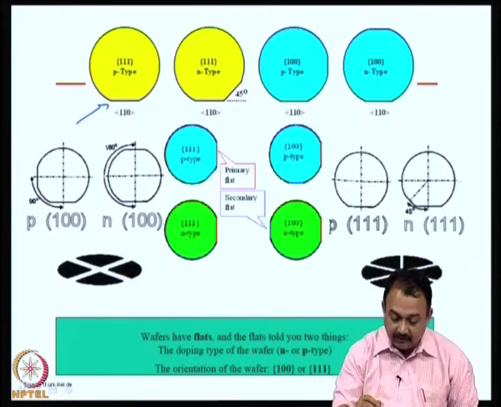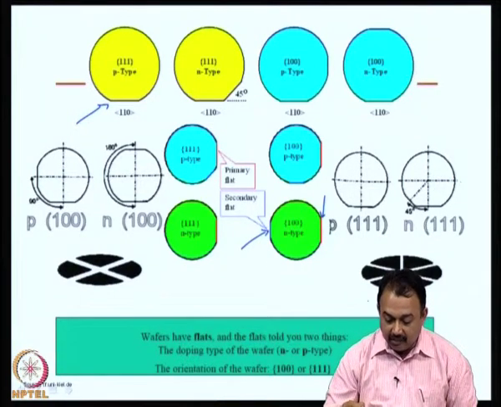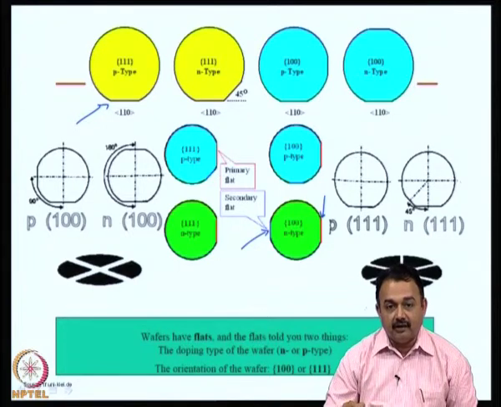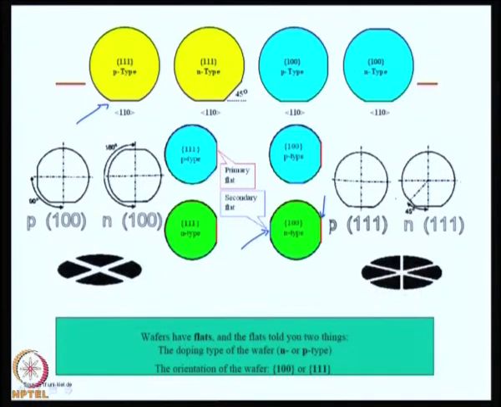For example, this is a secondary flat and this is the primary flat. The primary flat is larger than the secondary flat. It also gives certain information. For example, if you have a primary flat and a secondary flat like this, that denotes an n type 1-1-1 crystal arrangement.